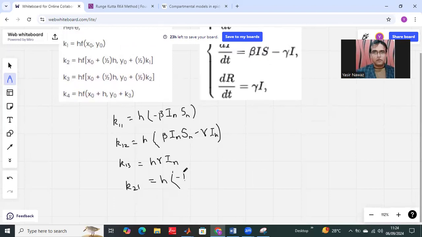It's minus beta, and then for IN, it would be IN plus half K1, the infected one. And then SN, also, the previous equation for susceptible is K11, so I use it as 1 over 2 K11.